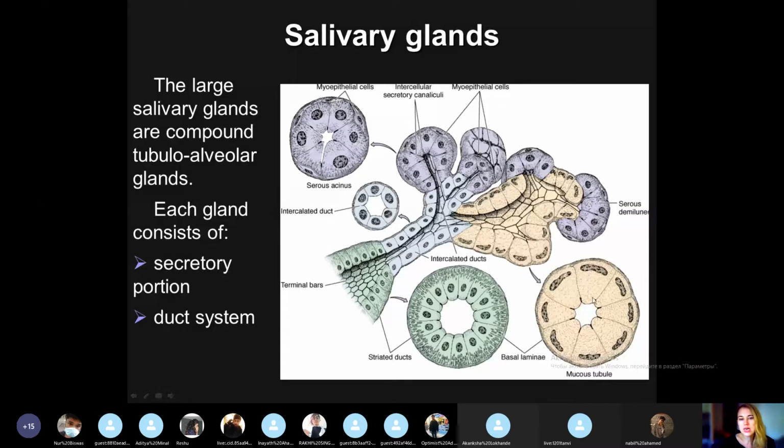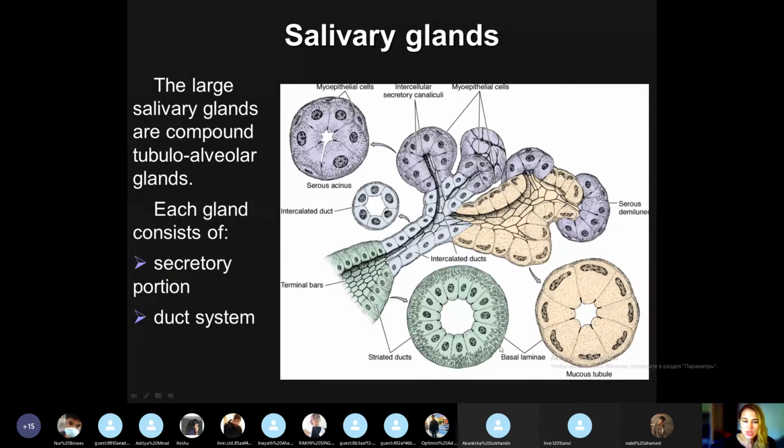So here we can see the acini, the secretory portion, the serous acini, the mucous acini in the cross section, intercalated duct, which is lined by simple cuboidal epithelium, and striated duct, which is lined by simple columnar epithelium. And as you can see in the base of each cell, we can find the basal striation.